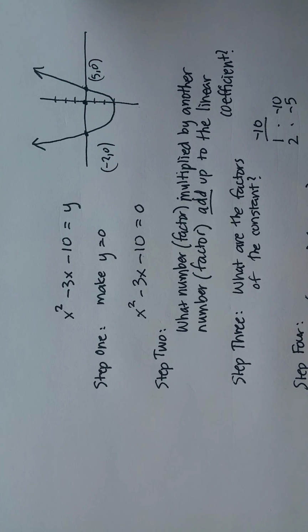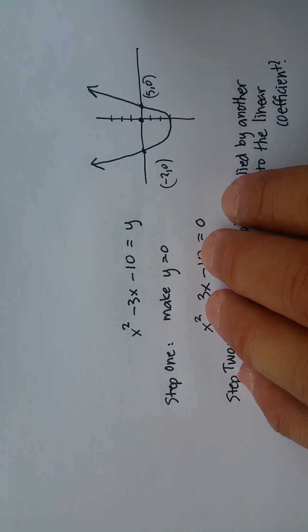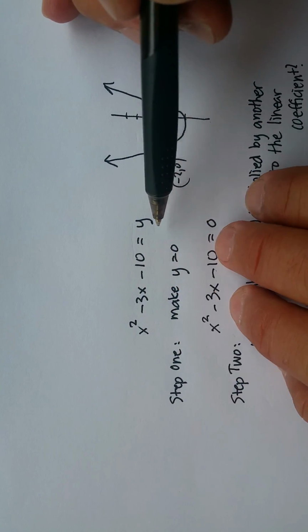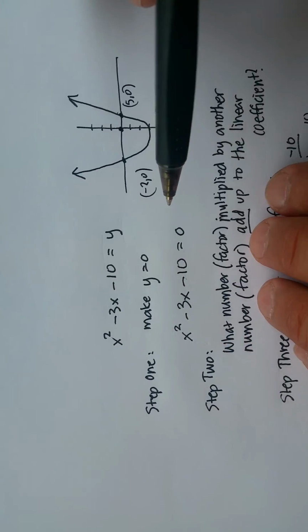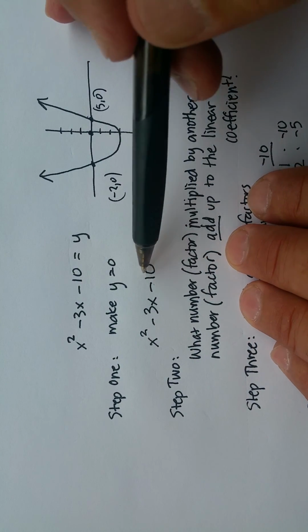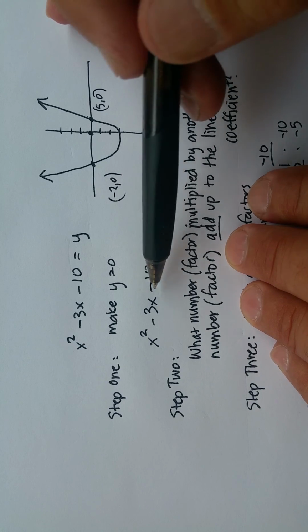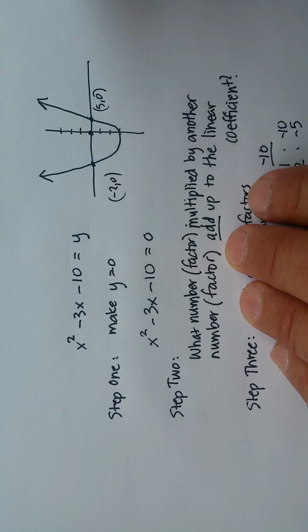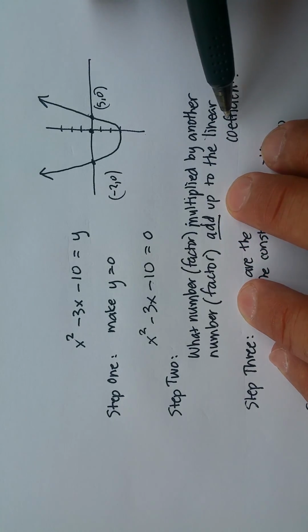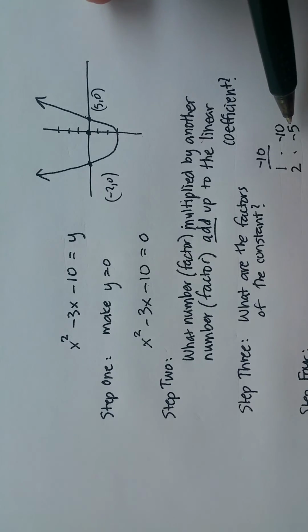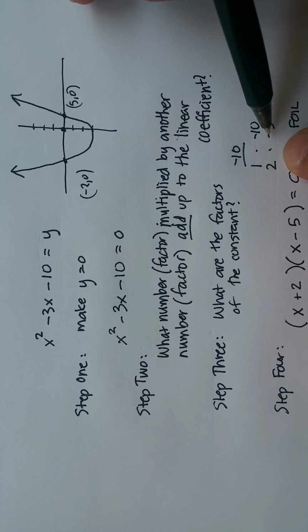Okay? So again, let's just go through those steps. Step 1, take your quadratic, set it equal to 0. We do that. Ask yourself, what two numbers, when I multiply them, will give me the constant term, so the negative 10 or whatever the number is, but when I add them, I'll get the linear coefficient. And you're going to have to go through a number of guesses to get that, okay?